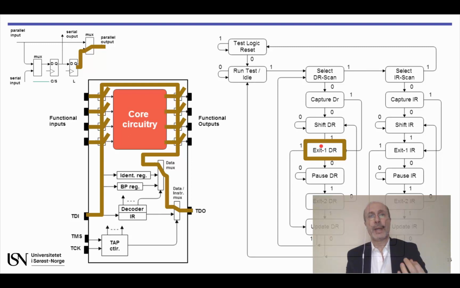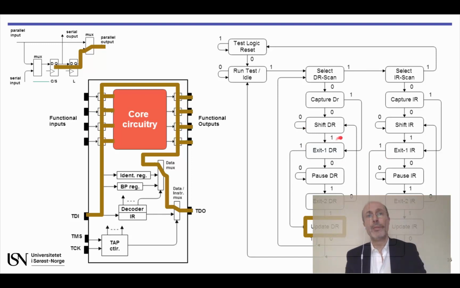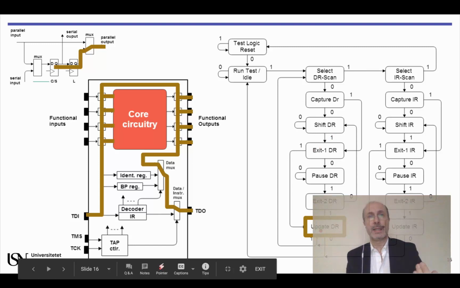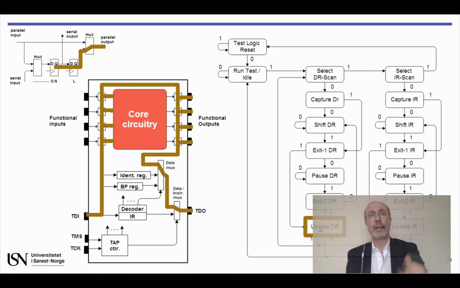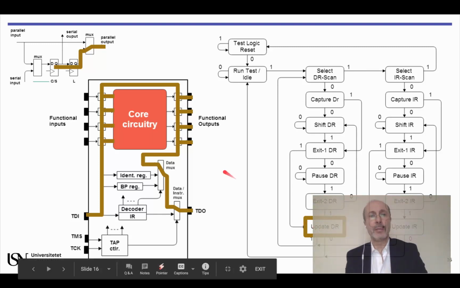The new test vector has been shifted in, but the outputs of the boundary scan cells have not yet been updated. By setting TMS to 1, we can now move out of exit 1 data register and into update data register, bringing the new values to the outputs of the boundary scan cells.